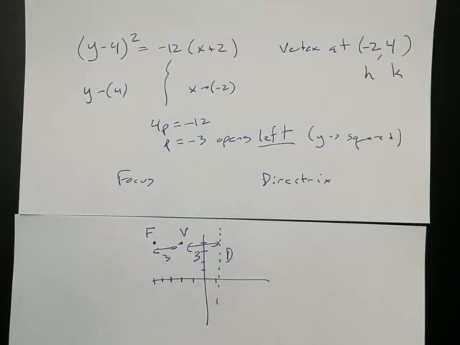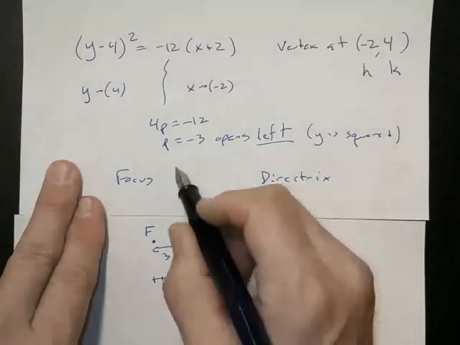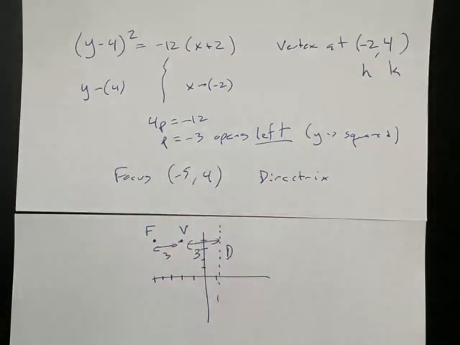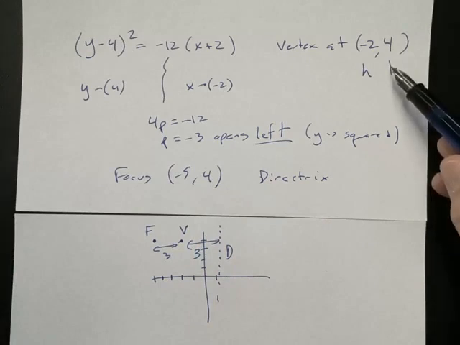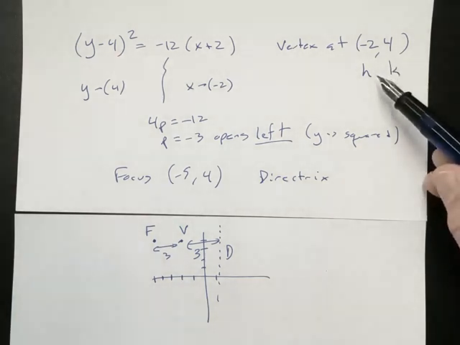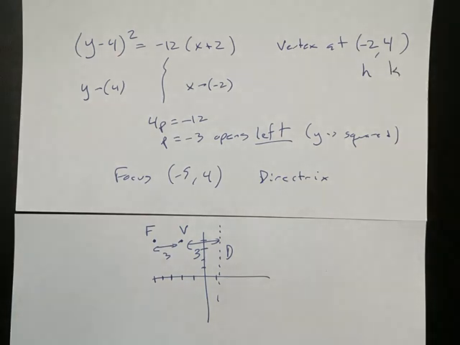So, what are the coordinates for the focus? That is correct. -5, 4. I moved 3 units further left from the vertex. Right? Last time we would have just said -3, 0. But what I'm doing is I'm adding that to this. And now the directrix.